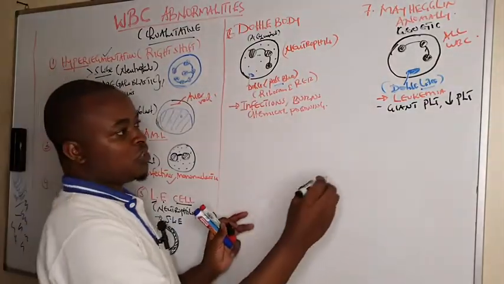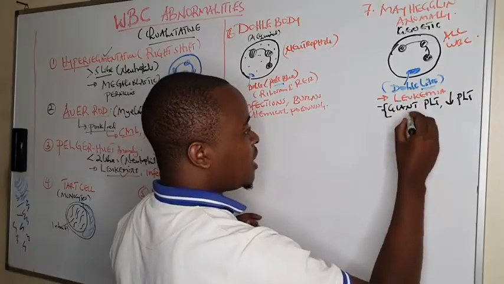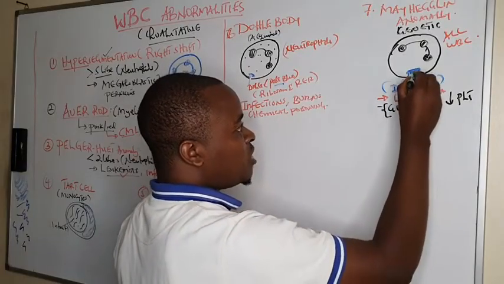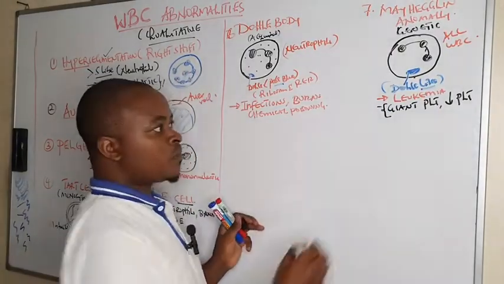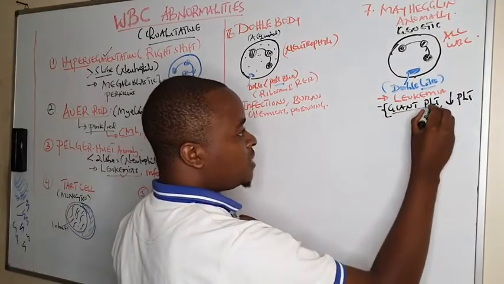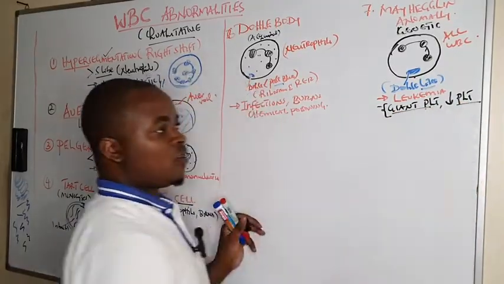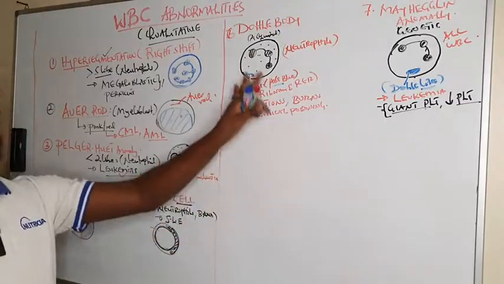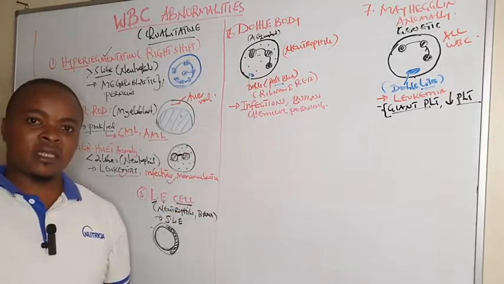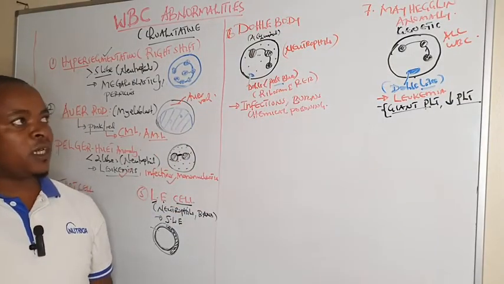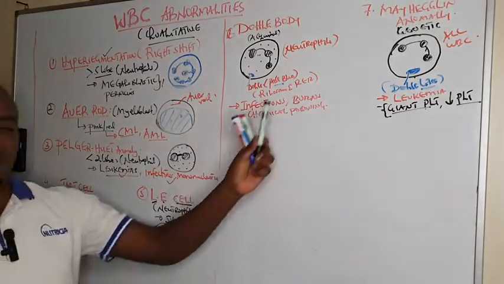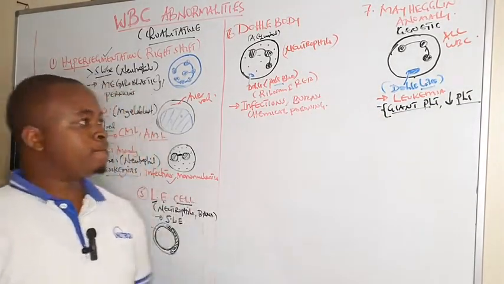So there is a triad: the inclusion body, that is the Döhle-like body, giant platelets, and low platelet count. Whereas here, the platelets are normal in size and in count. That is the difference between Döhle body and May-Hegglin anomaly.